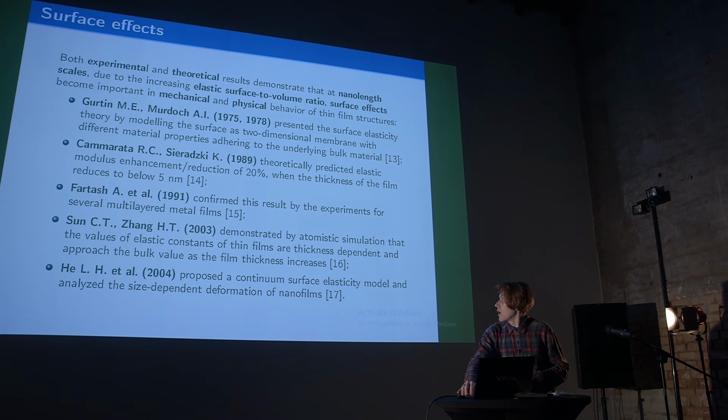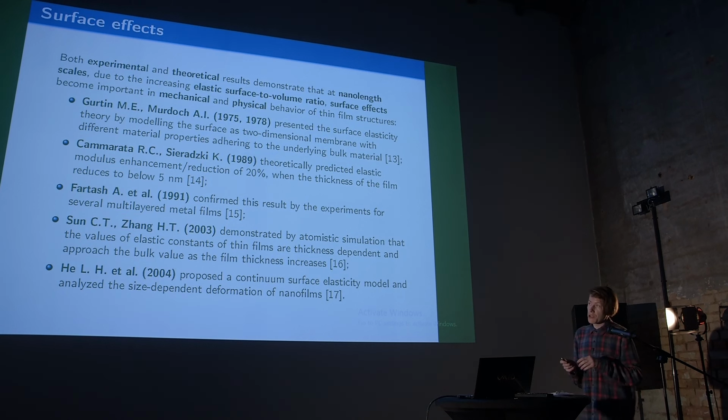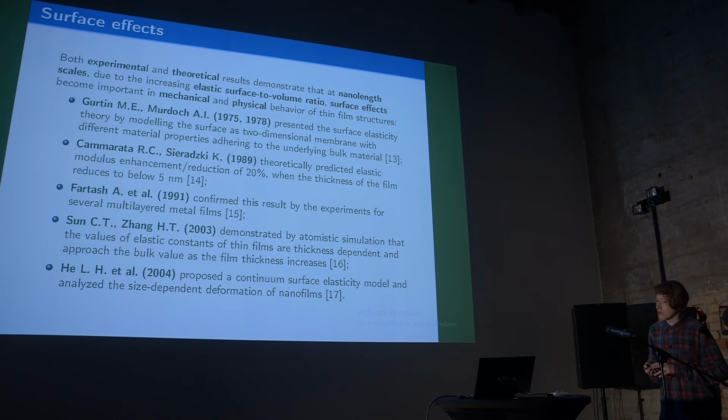Sounds nice. But these methods have one big disadvantage. We can use them for nanostructures, but we need to know some specific properties. And maybe, as you know, these structures, even if they are made from the same material, have different properties.